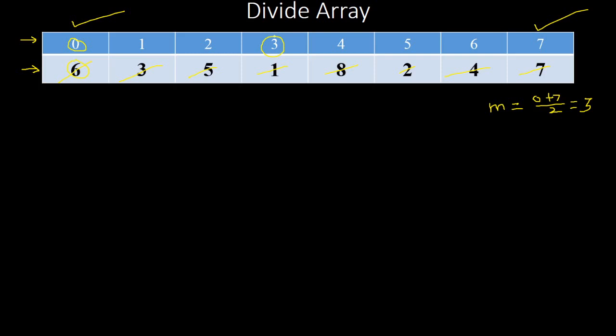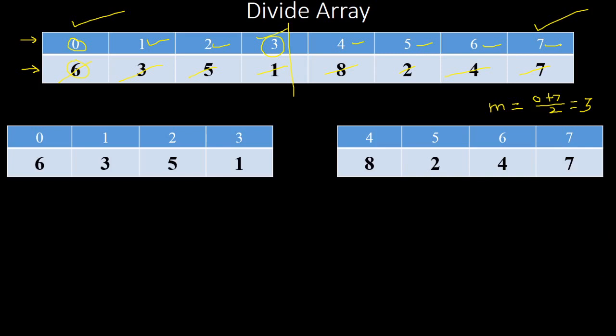So we have got the middle number. We divide the array into two parts: index numbers 0, 1, 2 and 3 will be one array, and index numbers 4, 5, 6 and 7 will be another array.